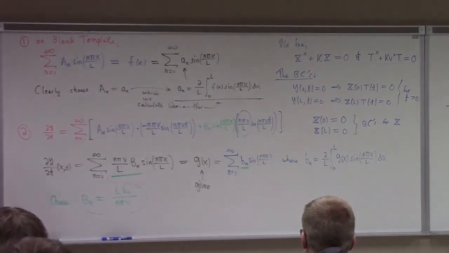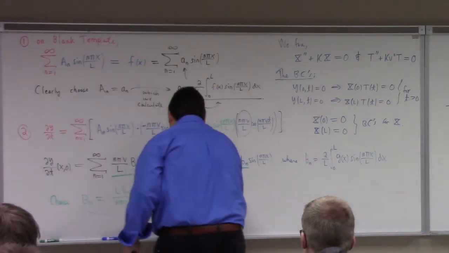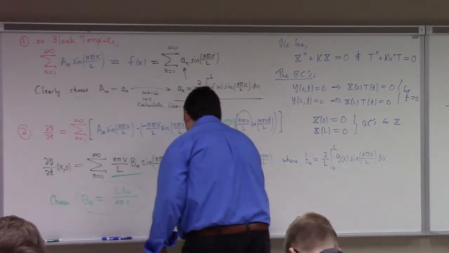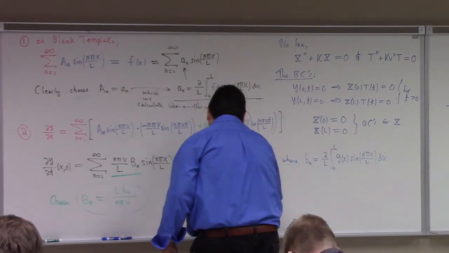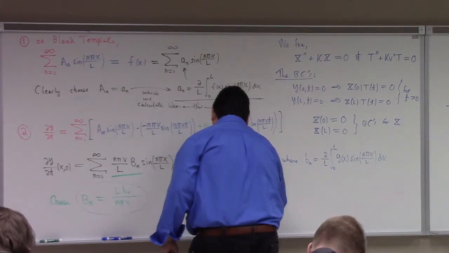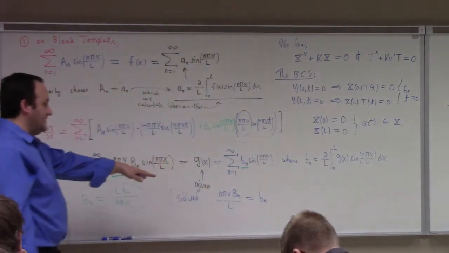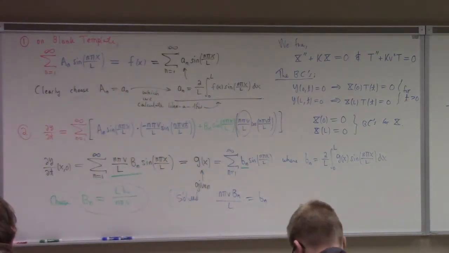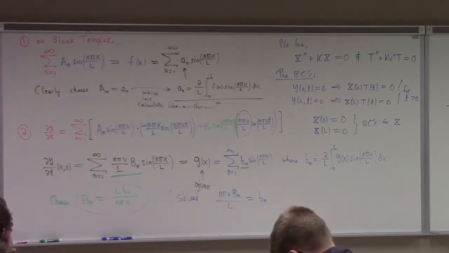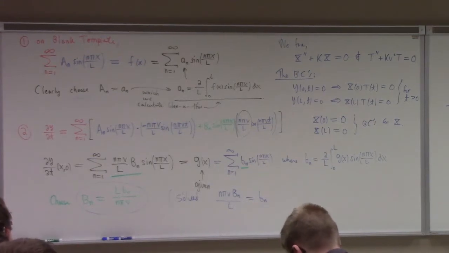Because that's what I get from solving n pi v, big B sub n, over L equal to little b sub n. Again, little b sub n I calculate from the given g, but the big B sub n I'm trying to construct, right? Does this make sense? I hope.